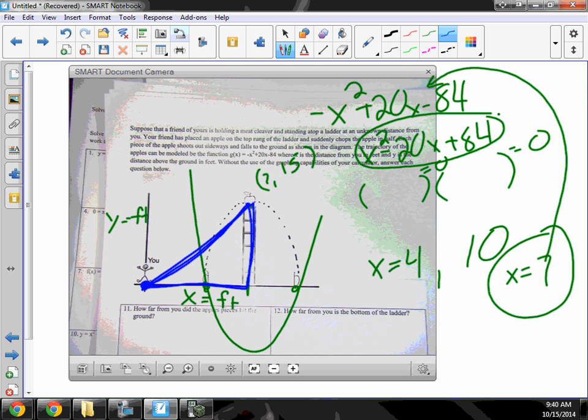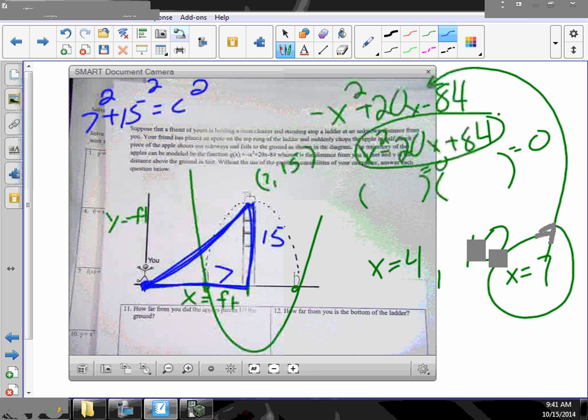And what is the distance? 7. Well, it's not actually 7, but in the one I made up, it's 7. And then this is 15. So you would do 7 squared plus 15 squared equals c squared and solve for c. Now, when you solve for c, you're going to get positive or negative something, and the negative doesn't make any sense. Only the positive value makes sense in this equation.